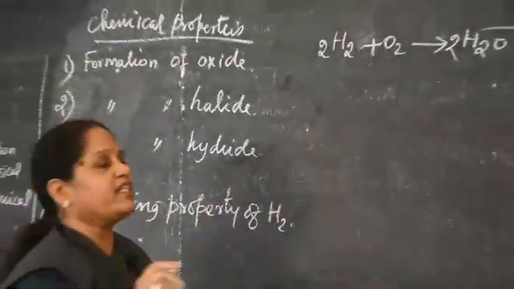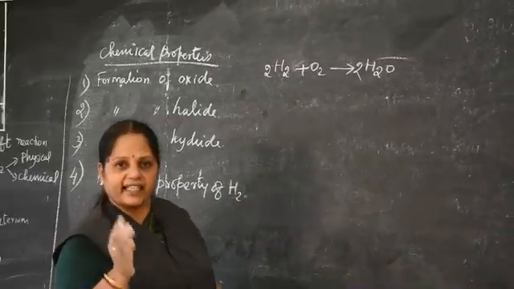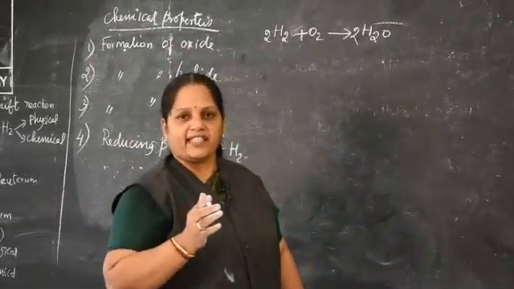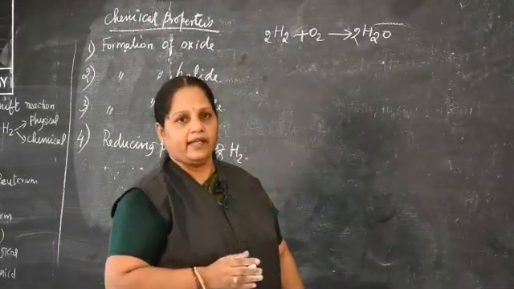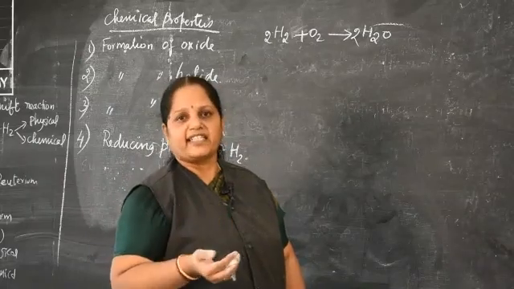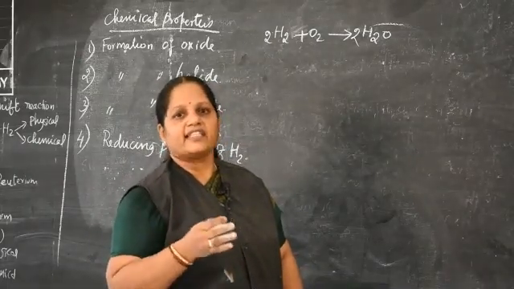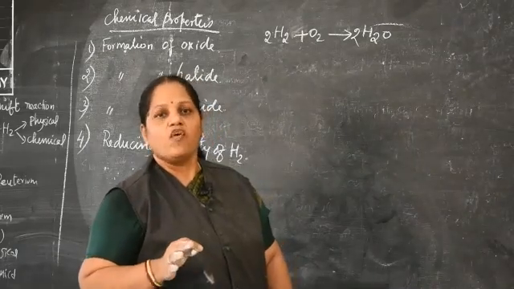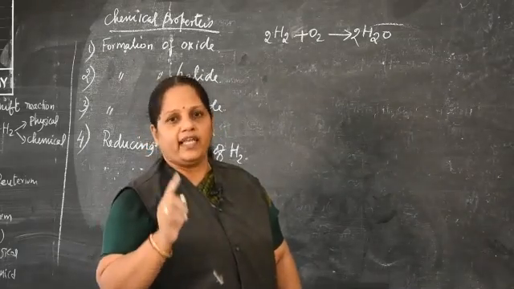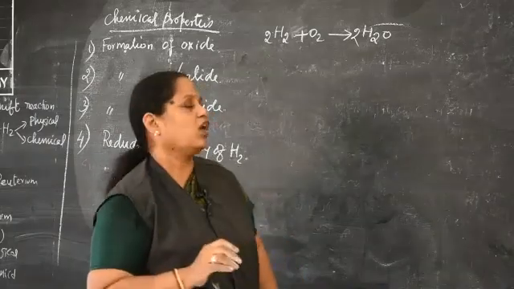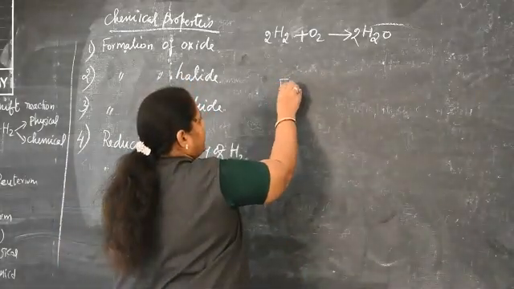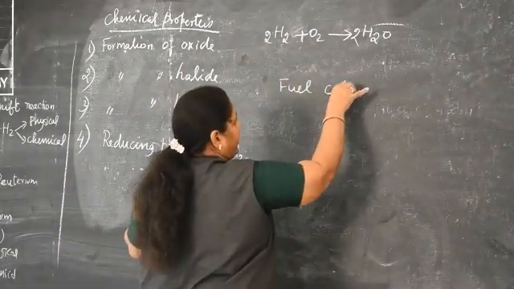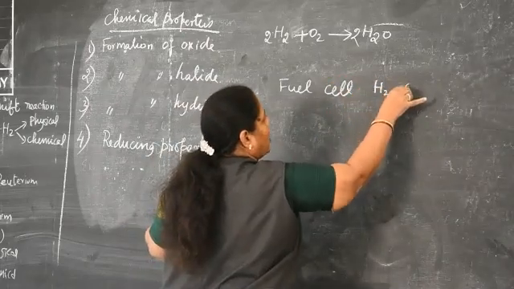What is a fuel cell? A fuel cell is a device like a battery. It produces electricity when a reaction takes place between a fuel and an oxidizing agent. A fuel cell is usually made up of hydrogen and oxygen.